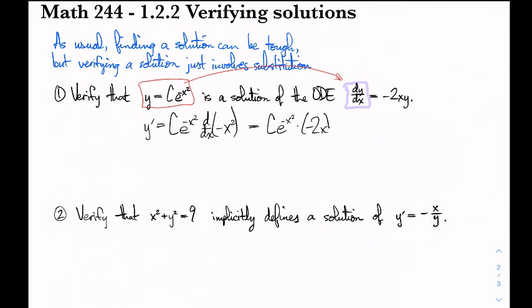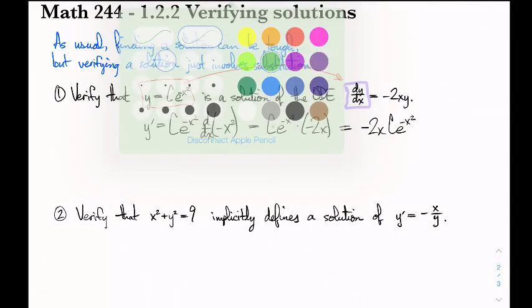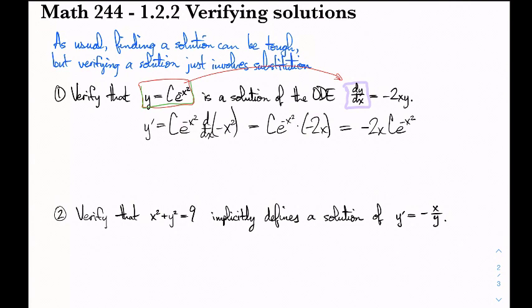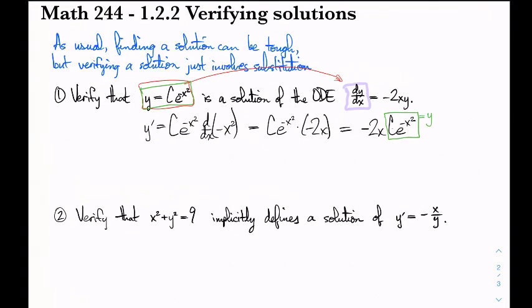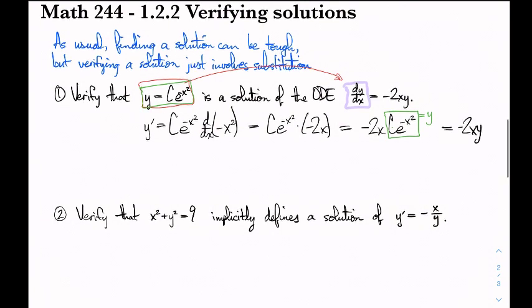If I pull the minus 2x out front, I have c e to the minus x squared, and I recognize from the given function that this part is in fact equal to y. So I can rewrite this as minus 2xy. Going from left to right, I have y prime equals minus 2xy, and I have recovered the ODE that I was supposed to get.